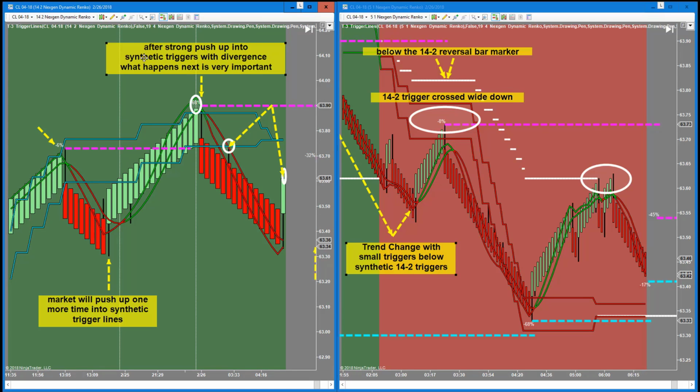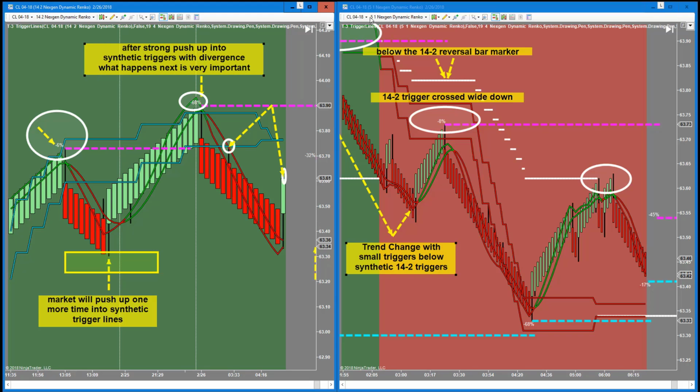On your large chart, 14-2 chart on the left, you'll see we've got a strong push up. I'll draw a circle. And then we get one more bounce to the upside because of the strength of our synthetic trigger lines. After the push up to the top, you can see we have a negative 68 number. Now again, this initially is not as important for trend trades on our smaller chart.